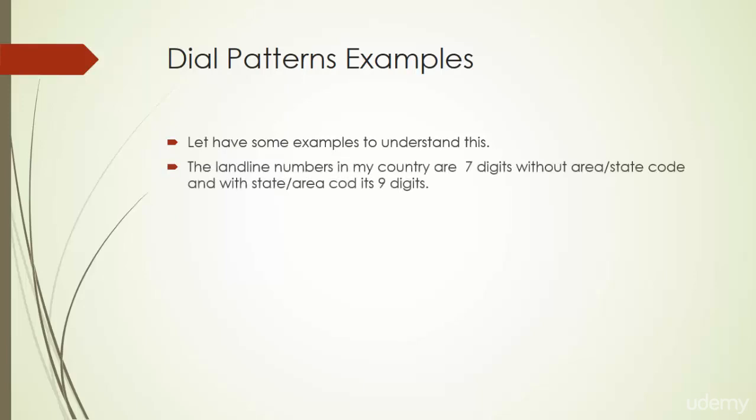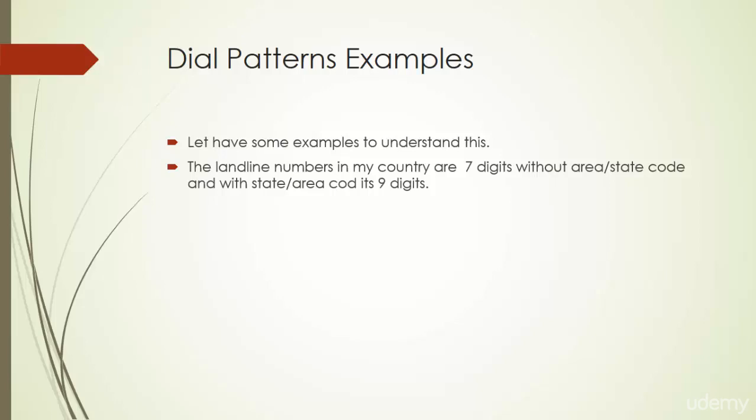For example, the landline numbers in my country are 7 digits without area or state code, and with area code it's 9 digits. Say I have an Elastix PBX installed and I just want to allow landline numbers.